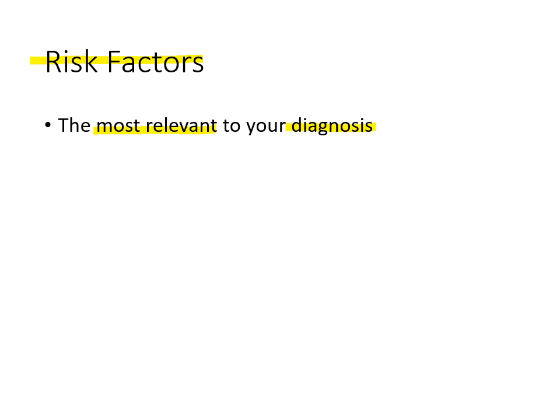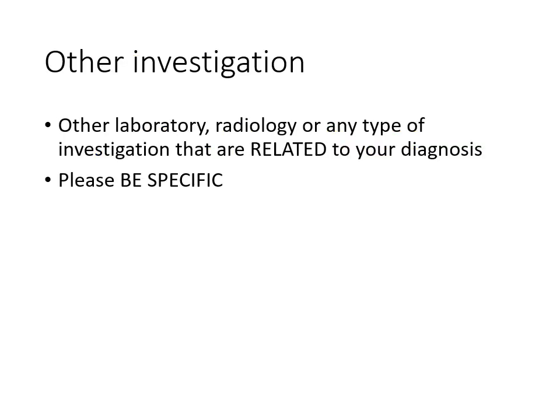For example, if they ask for two risk factors and you answer four, they will just mark the first two answers, and they won't look into the third and fourth even though they are true. So you need to be specific, and be confident enough to give the two most relevant risk factors towards your diagnosis.